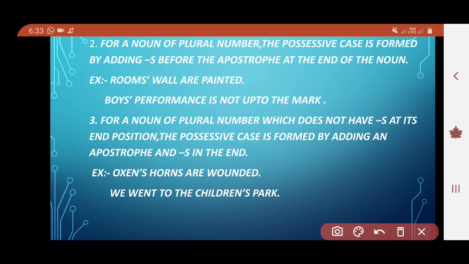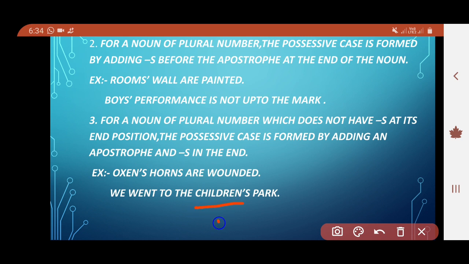If we say oxen horns are wounded, it will look like something is missing there. Something is odd. That is why we are making this oxen into a possessive case by putting what? An apostrophe and then an s at the end of the noun. Okay. Similarly, the second example: we went to the children's park.